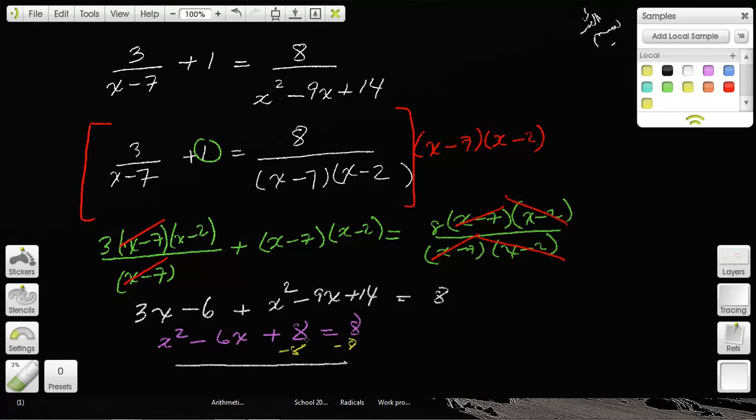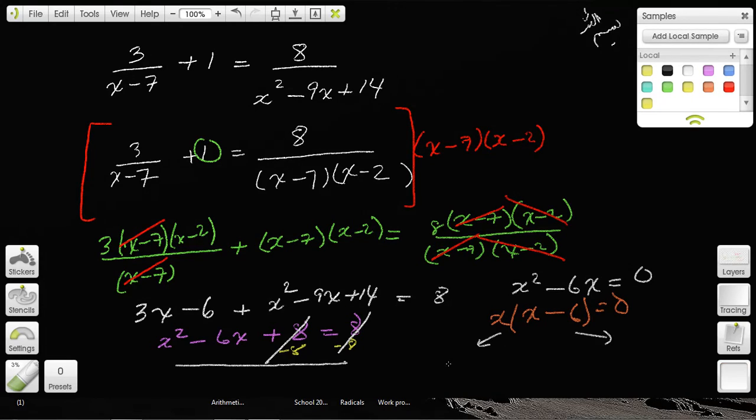So then x squared minus 6x equals 0. Then you do, divide by 6? No. Yeah. Factor out. Factor x out, and then it'll be x minus 6 equals 0.